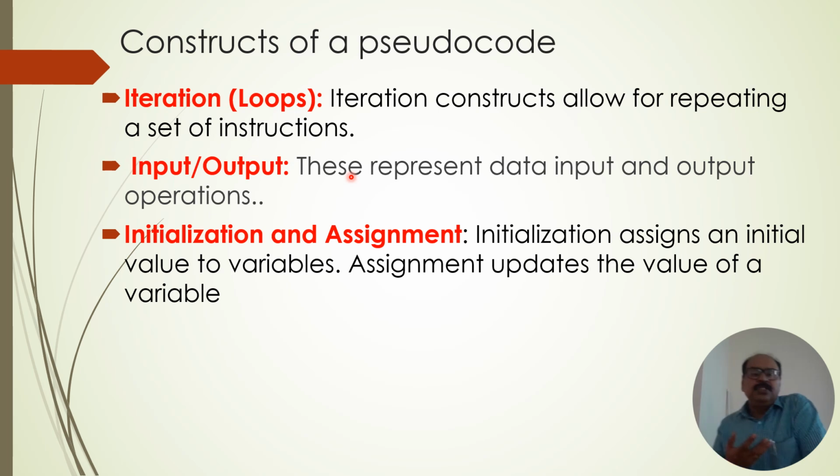So initialization, and for the last example where b is equal to, I'll show you an example with initialization and assignment in the coming slides. But for the time being, you can understand that giving the initial value of 0 or something like that is initialization, and assignment of value from one to the other is assignment. Okay.